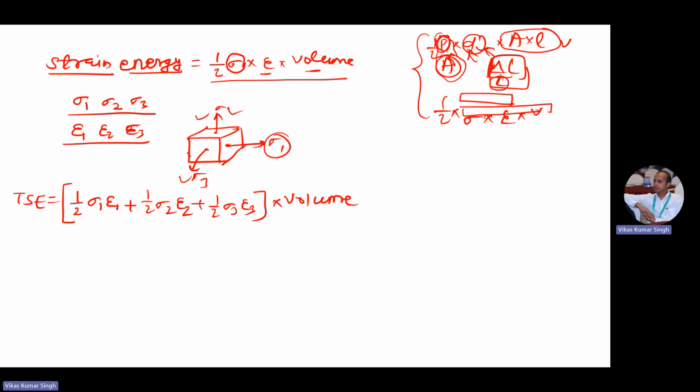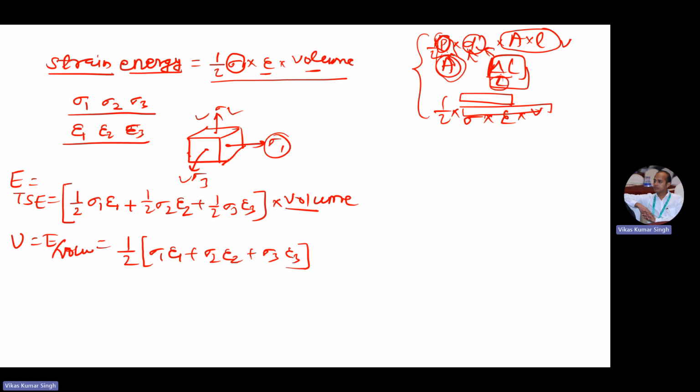And this one is also written. Sometimes people are writing energy density. So this is denoted by E, and when we are writing energy density, U equal to nothing but E by volume. So simply just take this volume this side, you will get E. So U is sometimes written as 1 by 2 sigma 1 epsilon 1 plus sigma 2 epsilon 2 plus sigma 3 epsilon 3, like that.